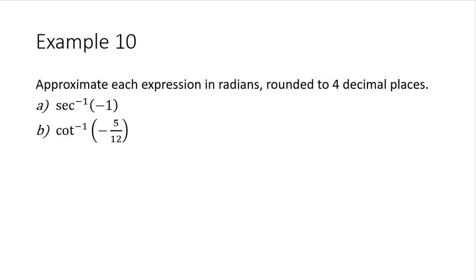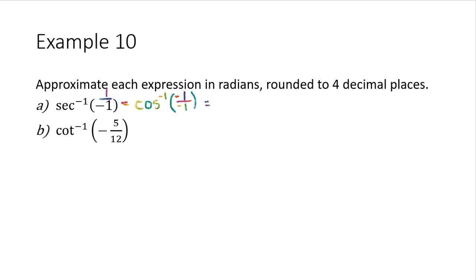And what that means for me is that I can change this into an inverse cosine problem if I do the reciprocal of this fraction. When we put this into the calculator, the inverse cosine of, I guess that should actually be -1 divided by 1.